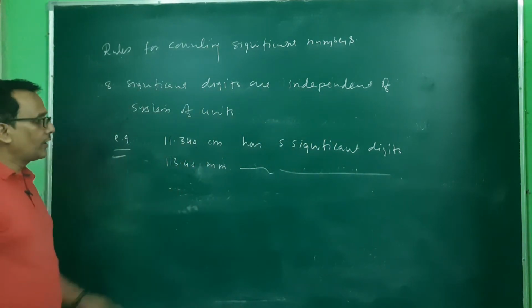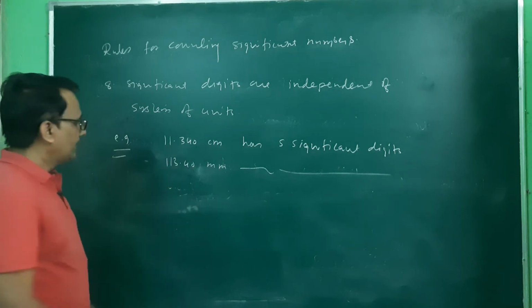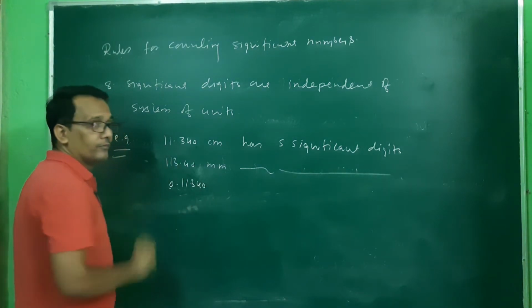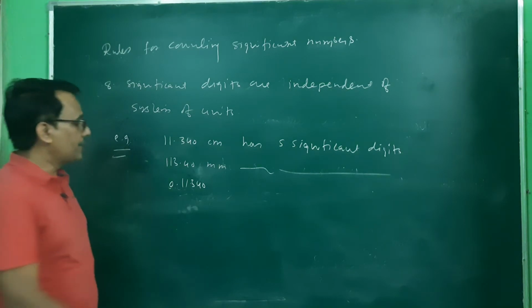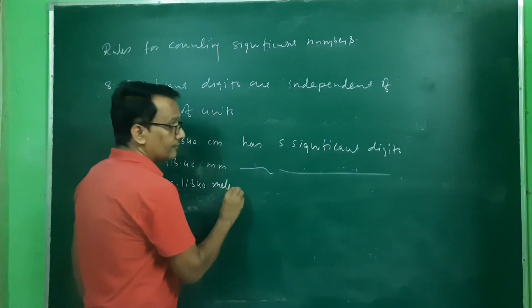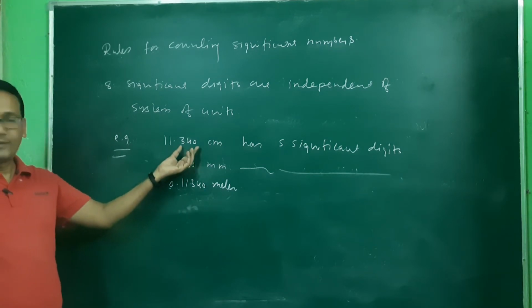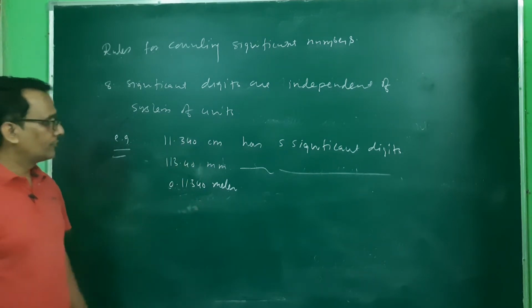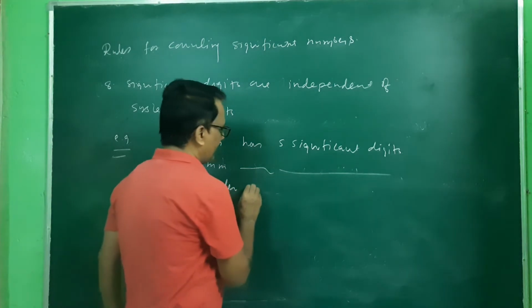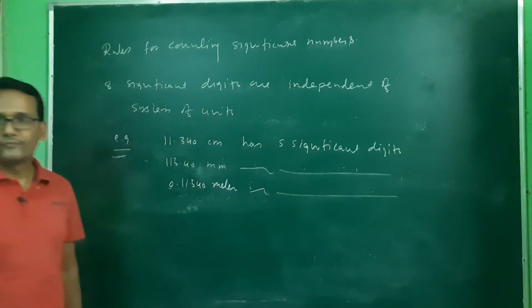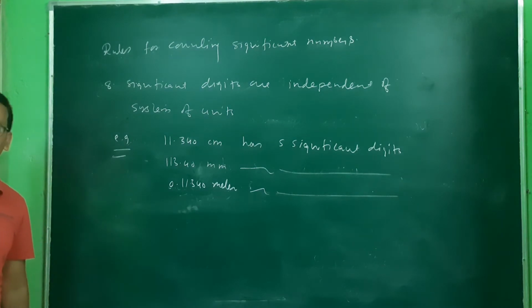If you convert it into meter, this will be 0.11340 meter. We just divide this by 100. So we will have this, and this again has 5 significant digits. There will be no change.